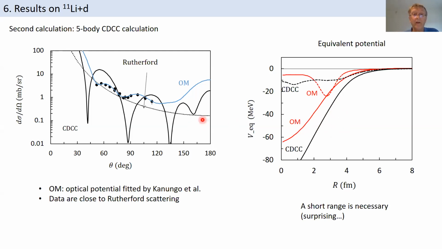And this explains why this nuclear interaction is weaker. And this is why it reproduces better the cross-section. And I must say this is rather surprising because lithium 11 and deuteron are large nuclei. So we expect the range of the interaction to be large. This is what is found in the CDCC, but this is contradicted by the current experimental data.